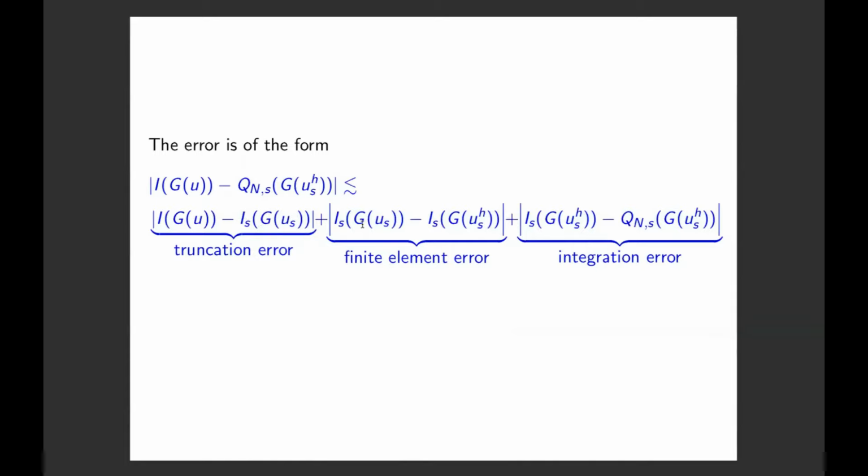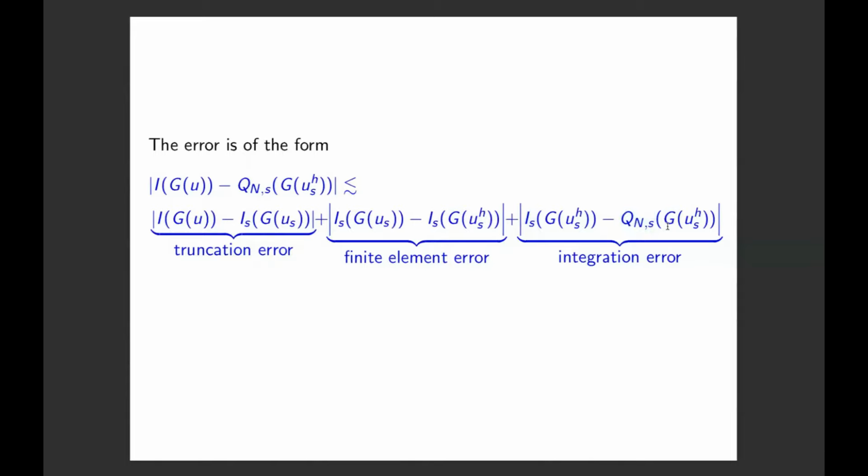The second is the finite element error. After truncating, we have the solution of the truncated problem, and we use the finite element method to approximate the exact solution. That gives us another error, the finite element error. And finally, the last term is where we approximate the exact integral with a Monte Carlo rule in our case.